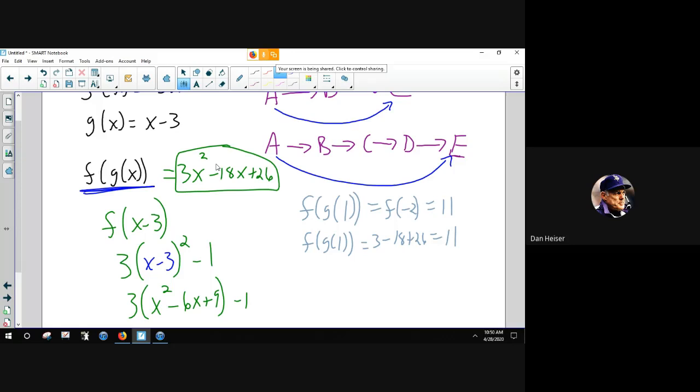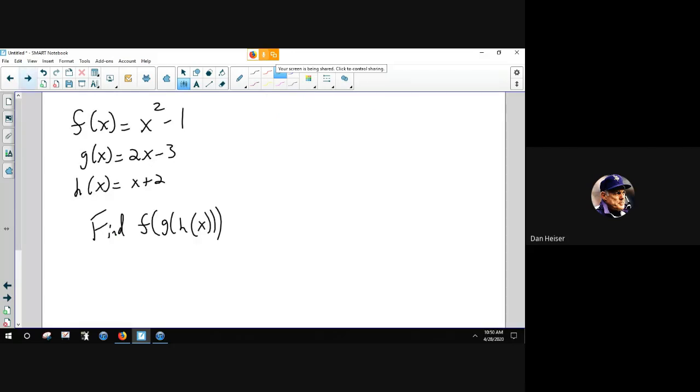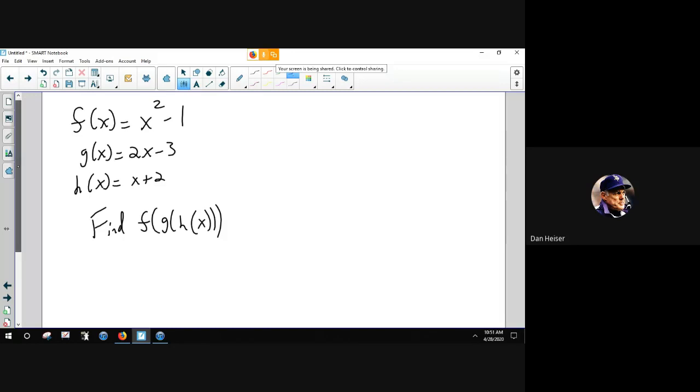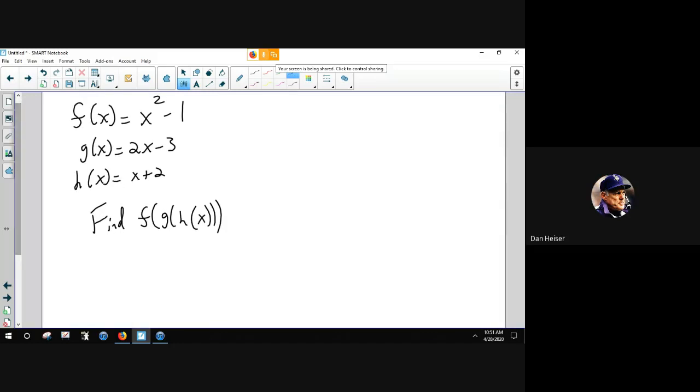Let's look at another one. Here we've got 3 functions. And we're going to find f of g of h of x. Here we go. We start at the innermost function, h of x.